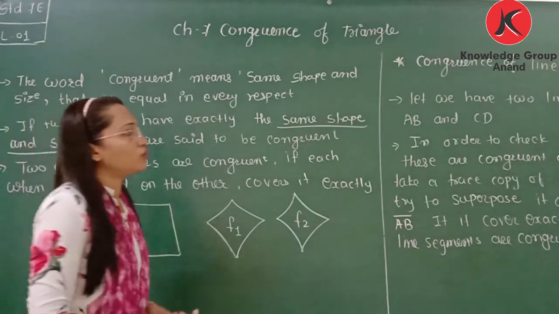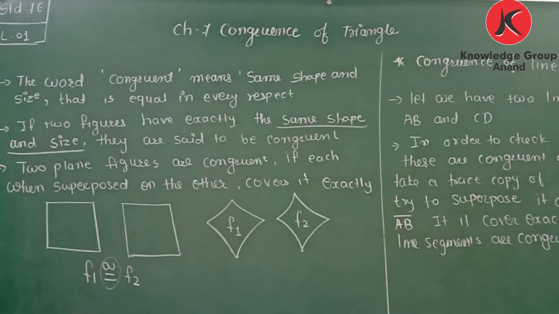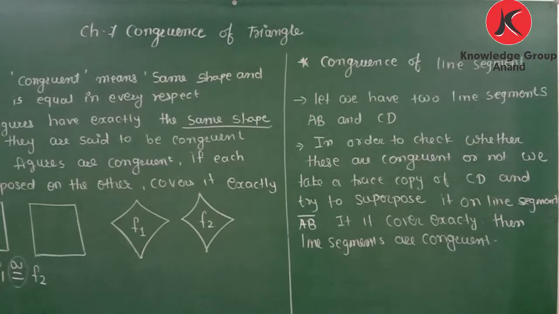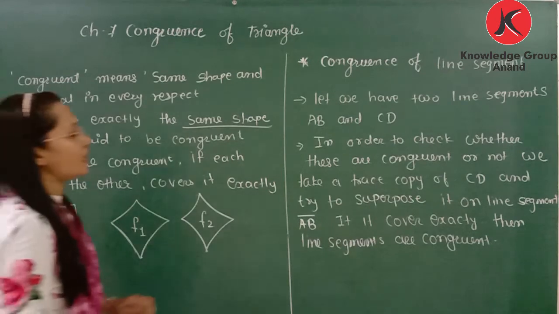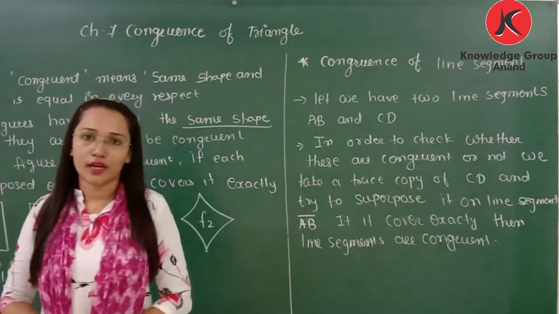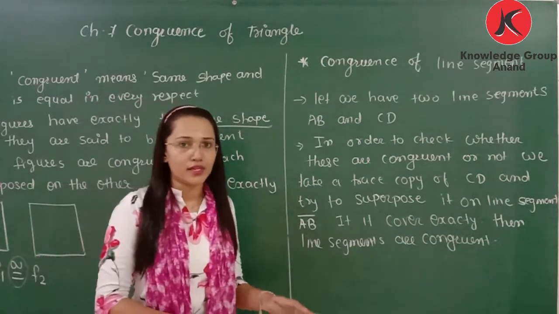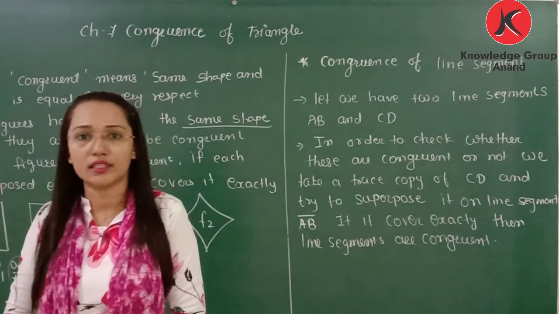So let's learn about the congruence of line segments. It means if we have two line segments AB and CD, are they congruent or not? For that, you need to take the trace copy of one line segment and superpose it on another line segment.